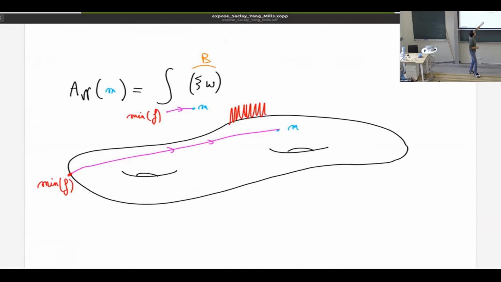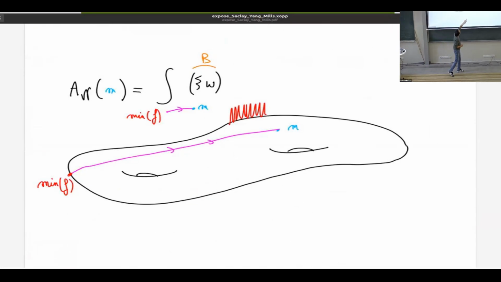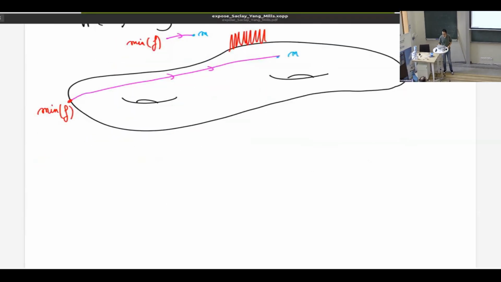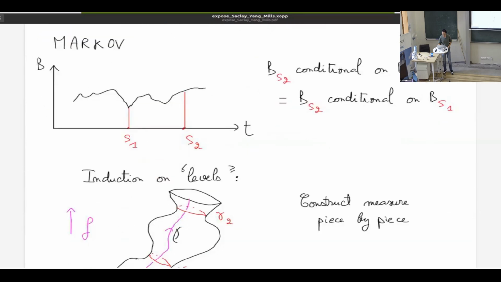If you are given your surface, and I give you a point M, the Gaussian part of my connection will be the integral of the white noise over the flow line that goes from the minimum to M. So if you integrate this 2 form over this flow line from the minimum to M, you get the Gaussian part of the connection. And that's one step of our construction.